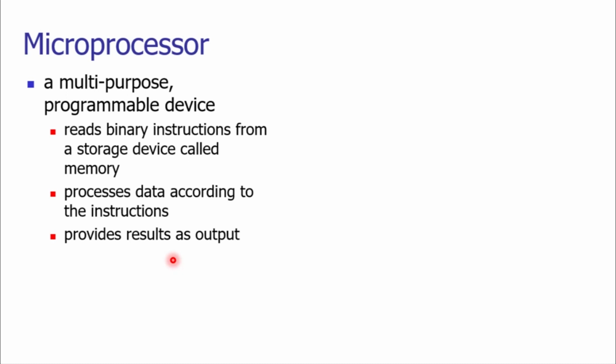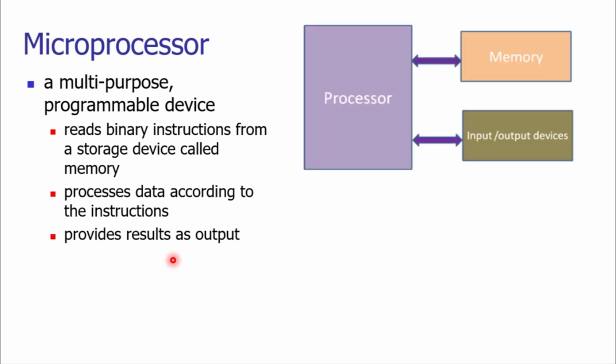So getting the information, reading the information, and processing the information based upon the instructions given are the functions of a microprocessor. But how are these functions carried out? To carry out these functions, the microprocessor basically has three elements: the processor, memory element, and input-output devices.